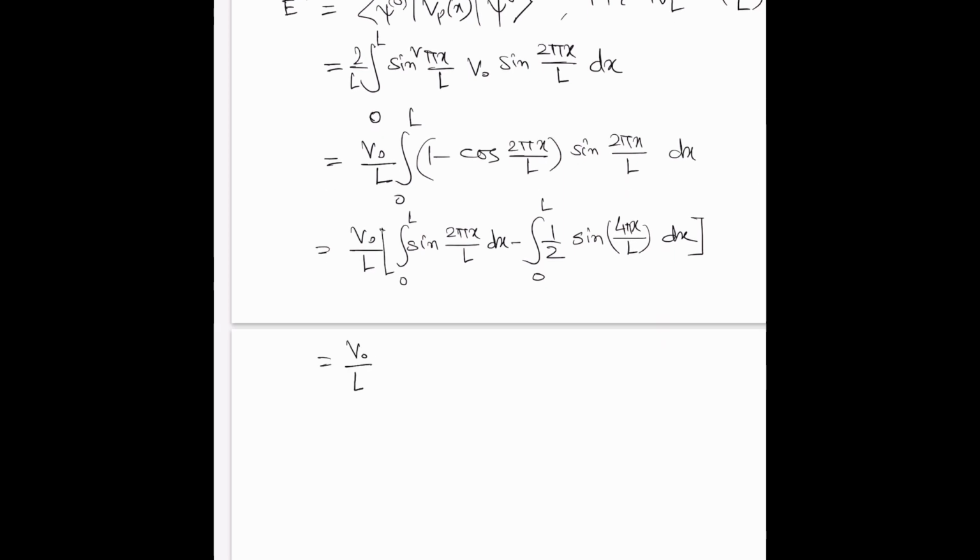This will give us V0 by L times minus L by 2 pi cos 2 pi x by L, limit from 0 to L, plus L by 8 pi cos 4 pi x by L, limit 0 to L. This is just the integration. So if we put the limit, you can see this is minus L by 2 pi into cos 2 pi minus cos 0.